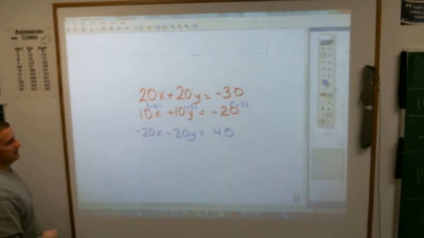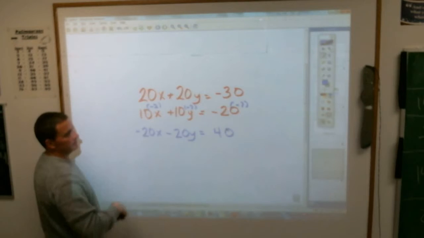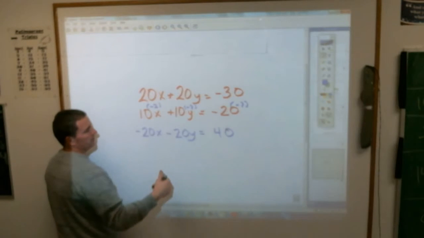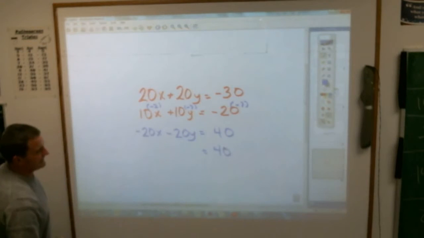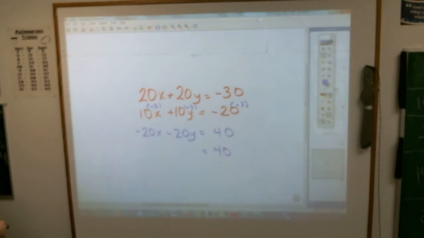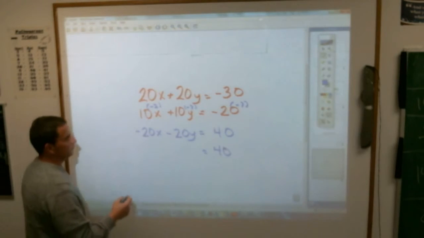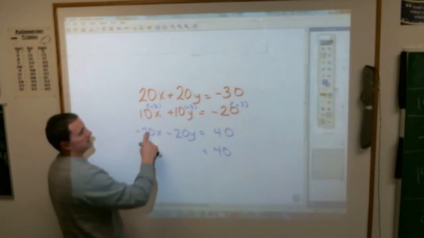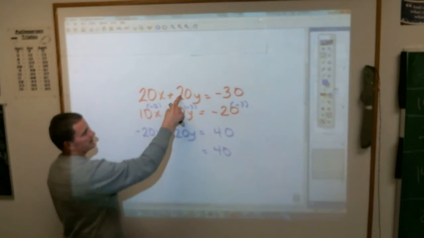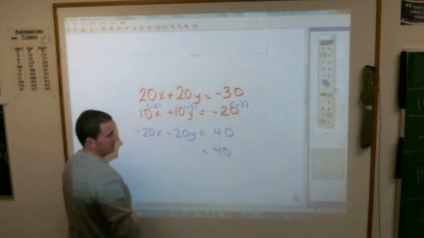Now, the reason I didn't like this is because both of them go away. You get nothing equal to 40, which means, are they the same line? In order for them to be the same line, this is half of that, that's half of that, but this is not half of that.